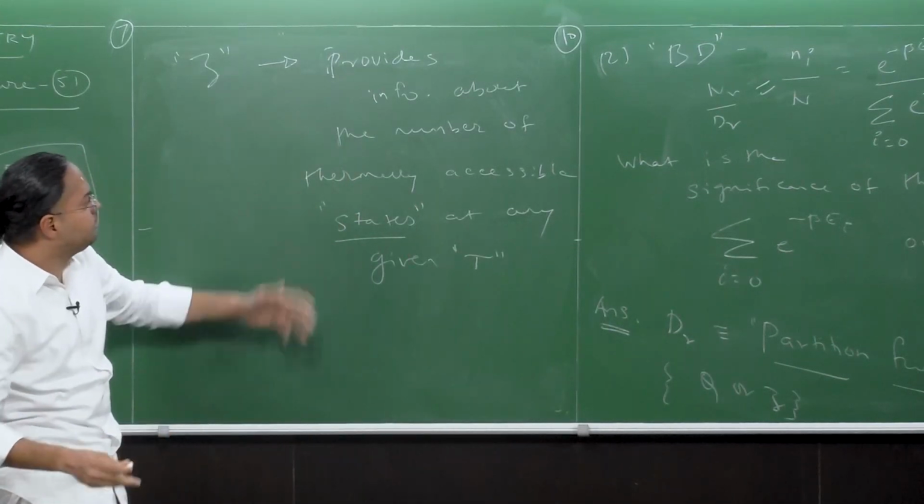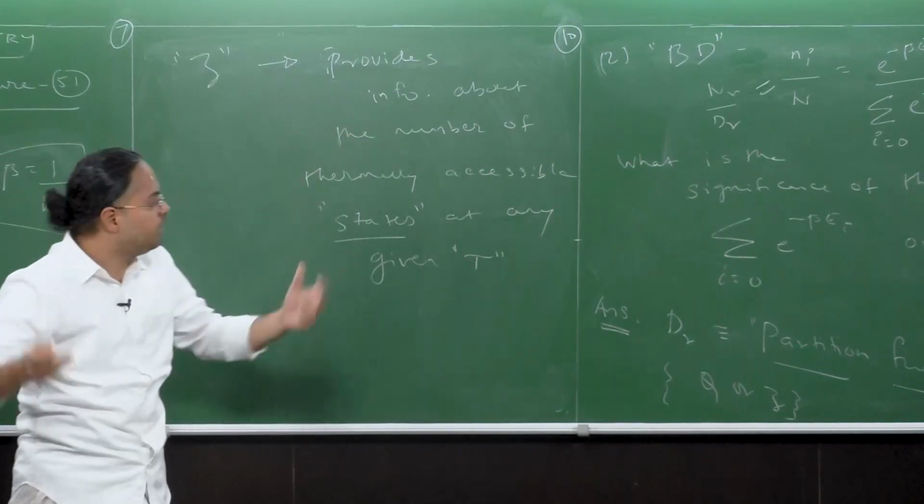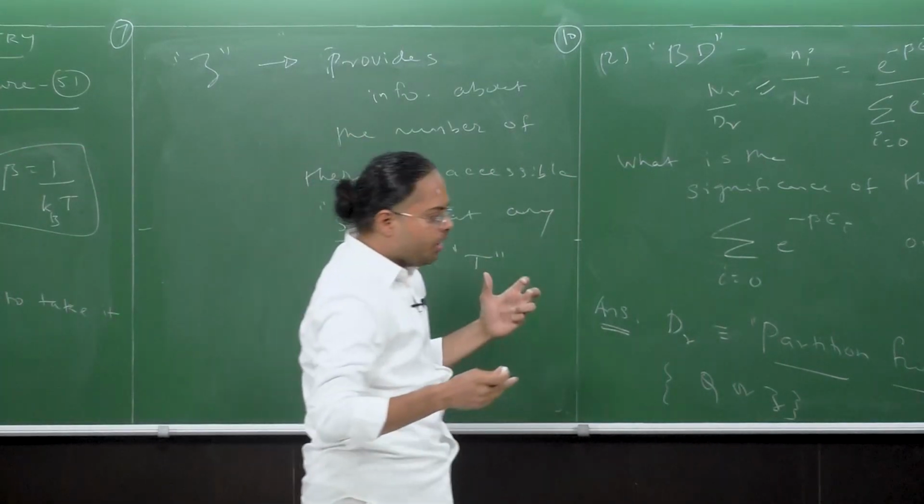Now if you look at this sentence, number you understand, some number. Thermally accessible, that is, accessible as a result of the thermal energy present in the system, right?